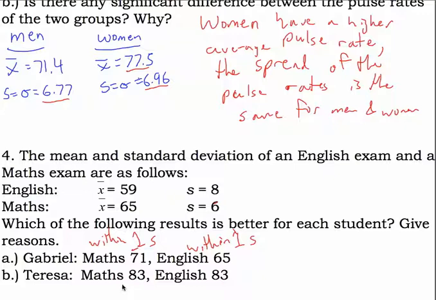And if we look at Teresa, she got a math score of 83. If we do 83 minus 65, that's going to give you 18. So that's 3 standard deviations above the mean.